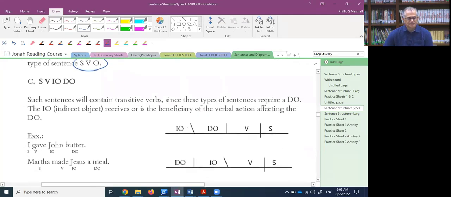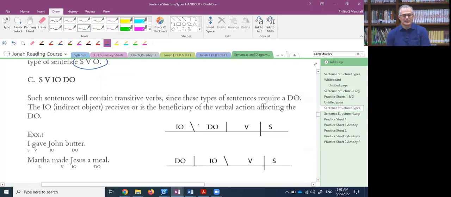Now for C, we have SVIO and DO. And here, the IO stands for indirect object and DO stands for direct object. The V stands for verb. And that kind of verb is always going to be transitive. Why is the verb transitive in an SVIODO sentence?